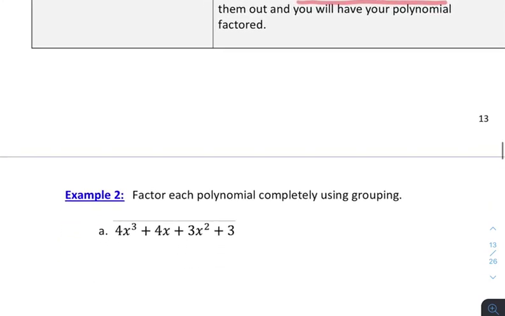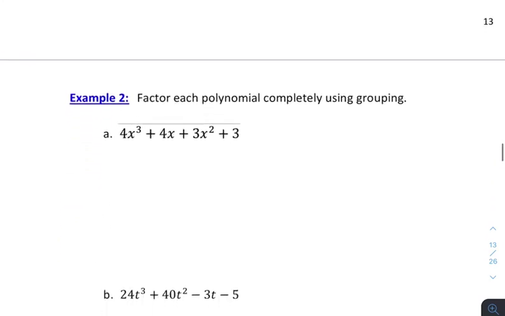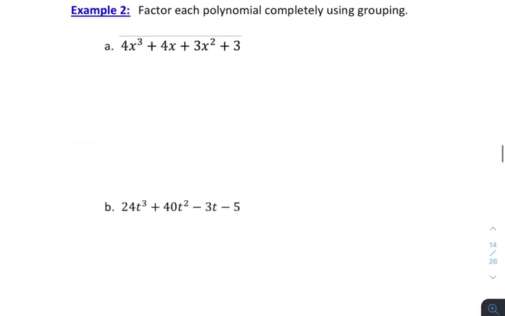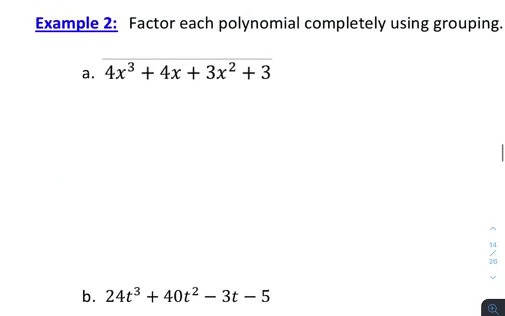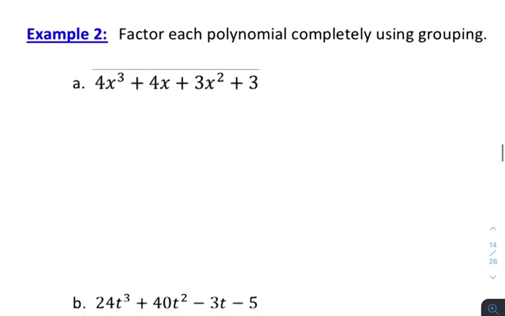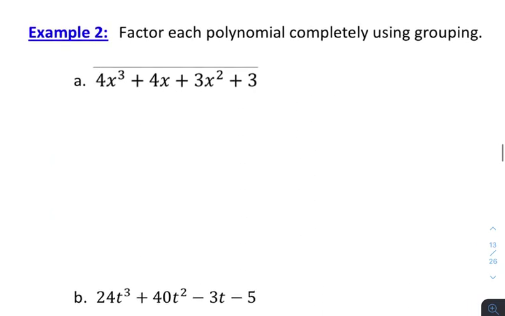So you looked at this expression a second ago. There's no common factor of all of my terms. Like the 3 on the end there is missing an x, so I can't factor out an x. Not everything's divisible by 4, not everything's divisible by 3, so there's no common factor of all 4 terms. But I can make some smaller groups, so say I look at just the first 2 terms and the last 2 terms separately.